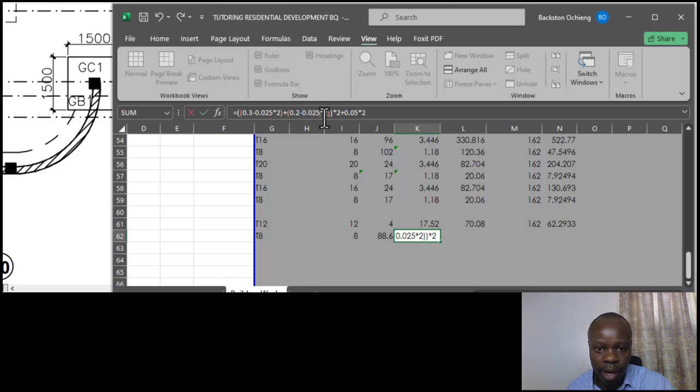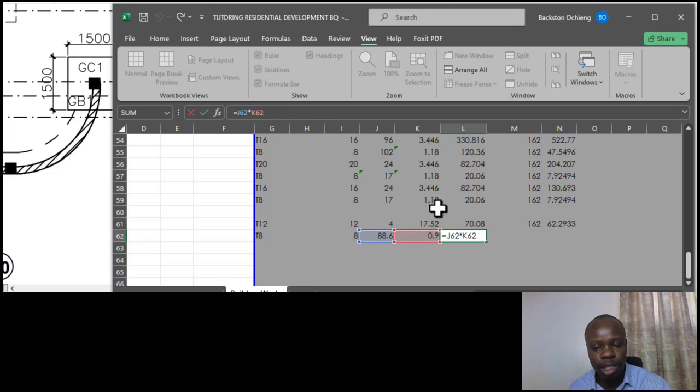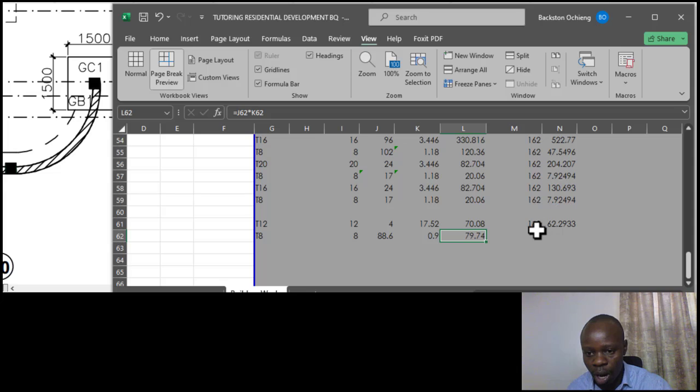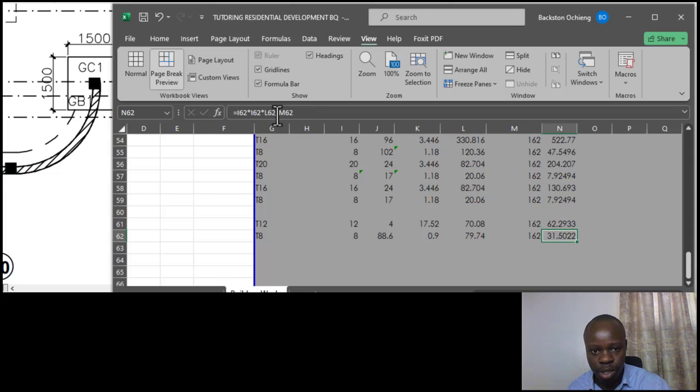Alright, and then times 2 as well, and then we add the hooks also 50 millimeters, so that is 0.05 times 2. Okay, then this formula is going to remain the same, and it's length of 1 times the total number that you have. This is still 162, and the formula is still the same for calculation of the weight.